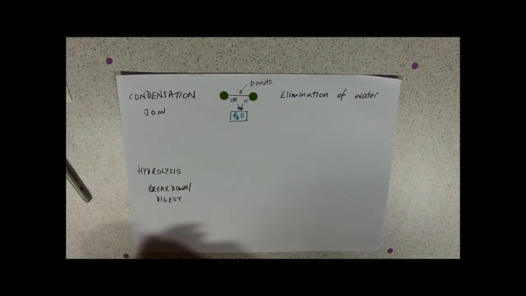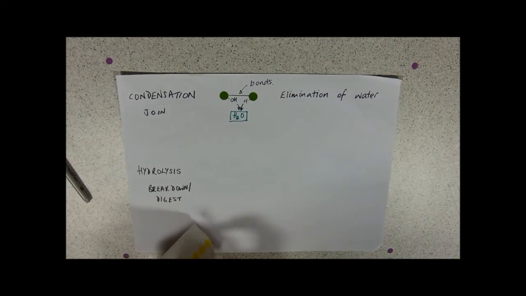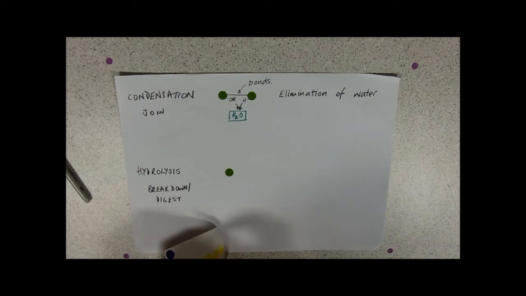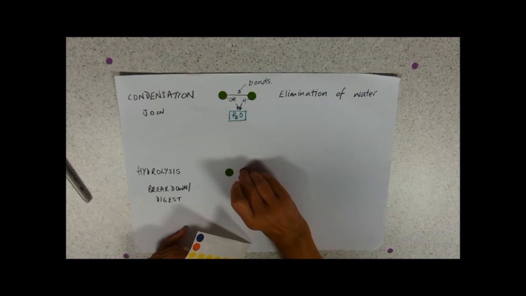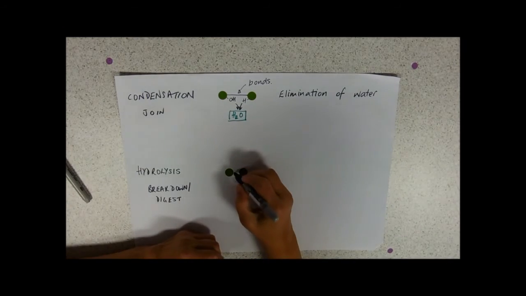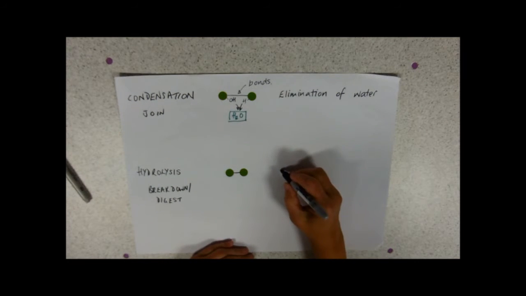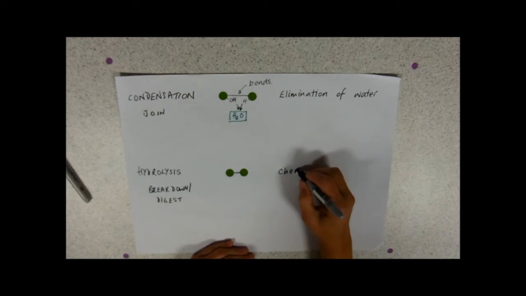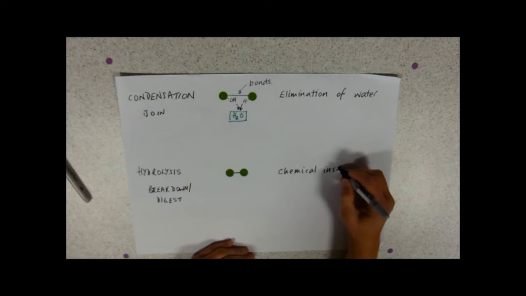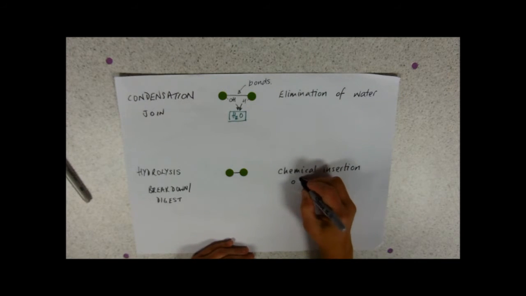The opposite of that is to take a dimer or a polymer, doesn't matter, anywhere where you've got a bond, and to chemically insert the water. Now it's important that you don't just say adds water.